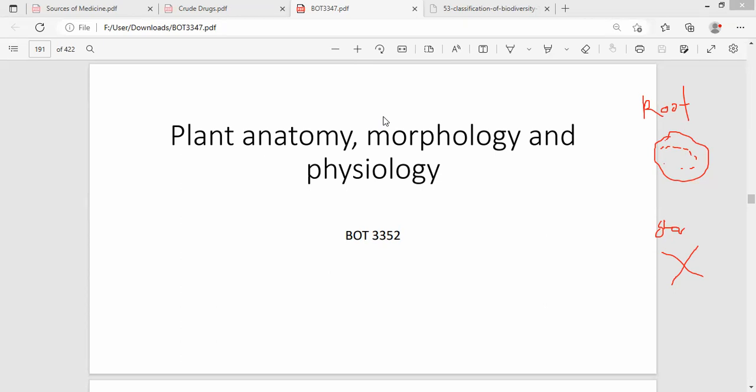So the take home message from our first subtopic, which was natural sources of medicine. We said the natural sources are not only plants, even animals are natural sources, microbes are natural sources. So plants, animals, microbes, right? Then we also saw crude drug.